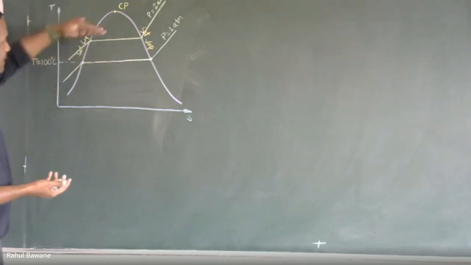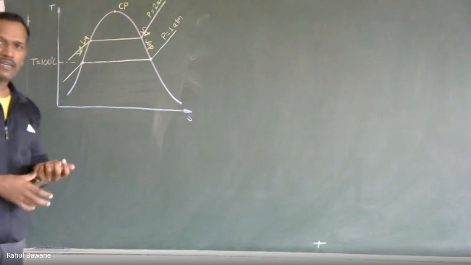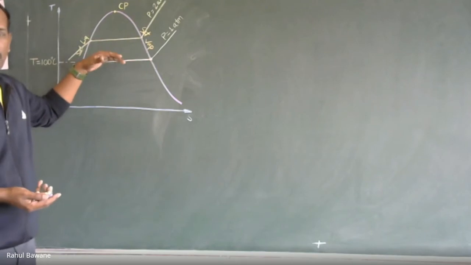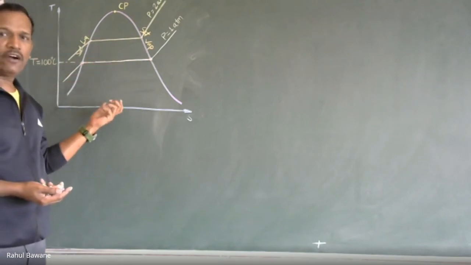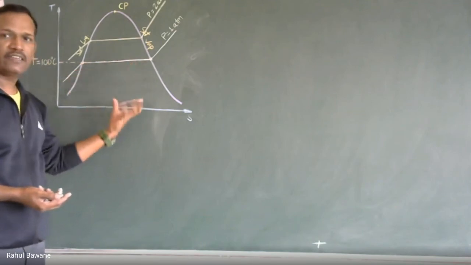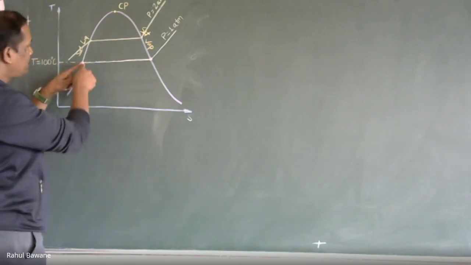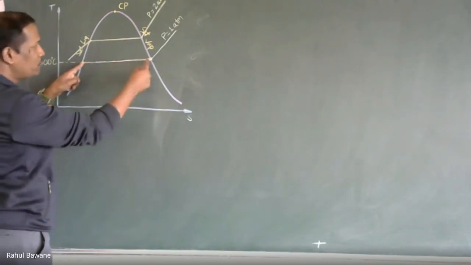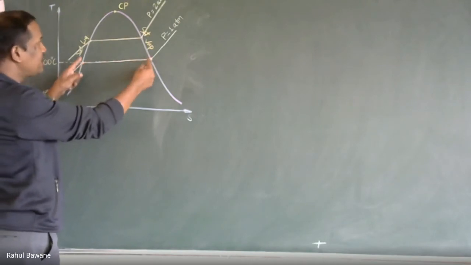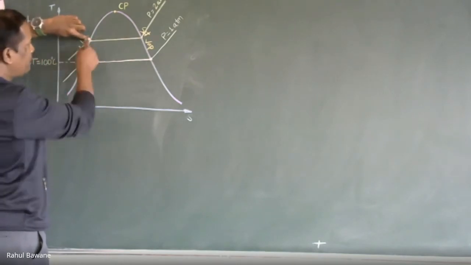Now when I increase the pressure, in the previous video also I explained that part. When we increase the pressure, our requirement of latent heat for conversion from liquid to vapor gets reduced. When 1 atmospheric pressure is there, this much amount of heat is required from this point to this. If I increase the pressure, I observe that the saturated liquid point is here, the vapor point is here.